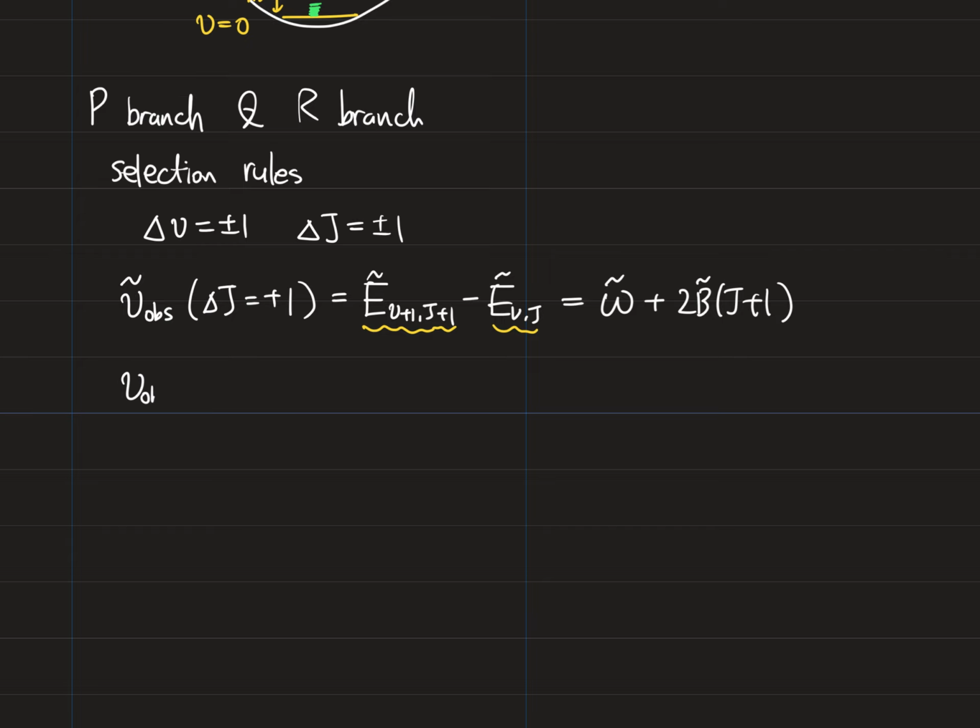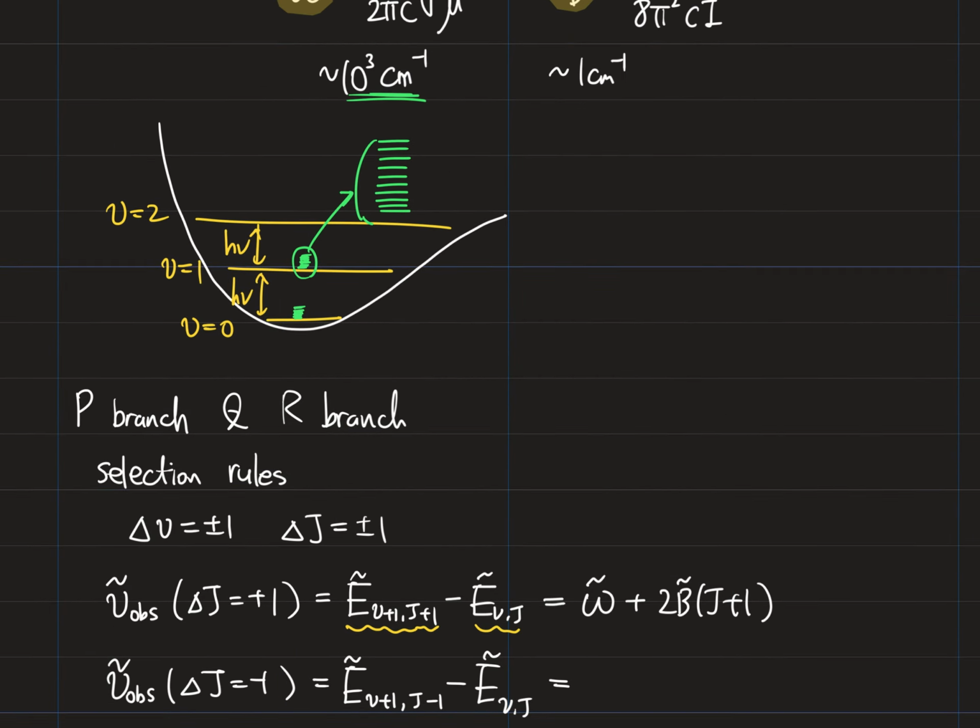And for the transition with delta J equal to minus 1, here basically we are discussing the transition from v to v plus 1, but the difference is the rotational energy level.